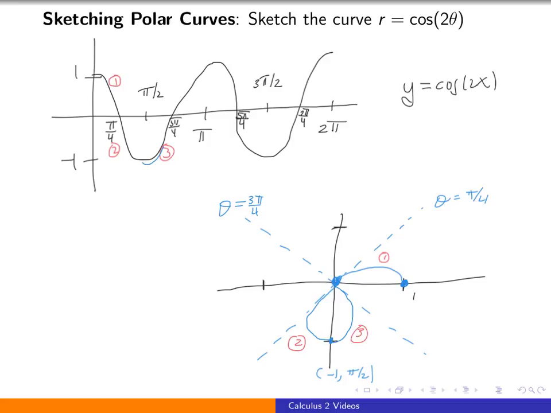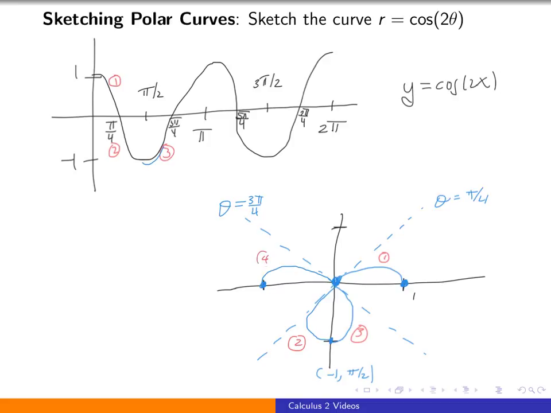This is a very slow, very methodical fashion, but each time it should get a bit simpler. From 3 pi over 4 to pi, we're in this range, and now our r value is positive again. As we rotate around, our r value increases from 0 to 1.